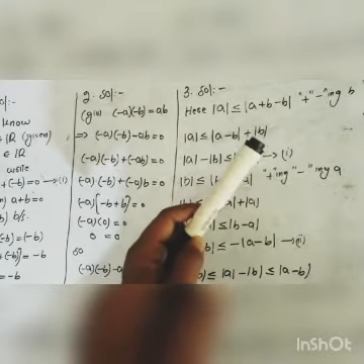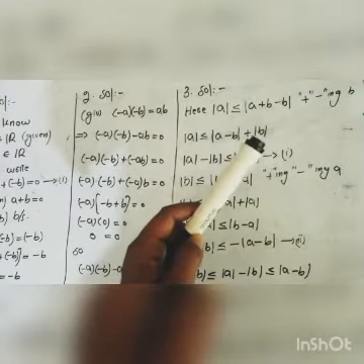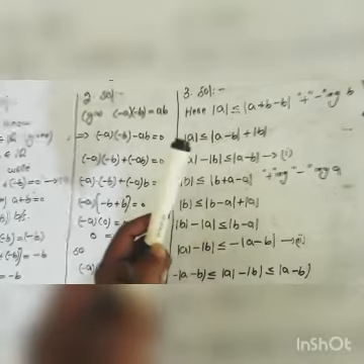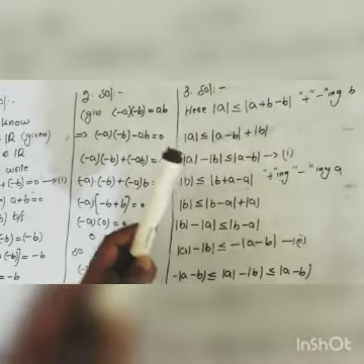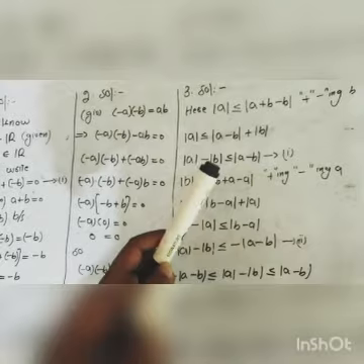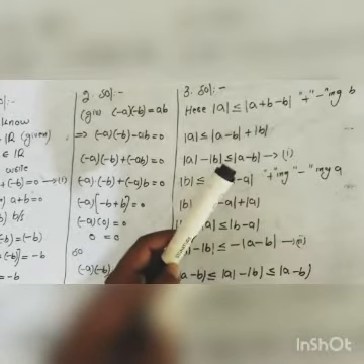Here |B| has a positive sign, and when we transfer it to this side, it gets a negative sign. So this equation becomes |A| - |B| is less than or equal to |A - B|.